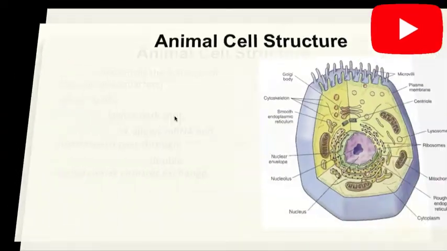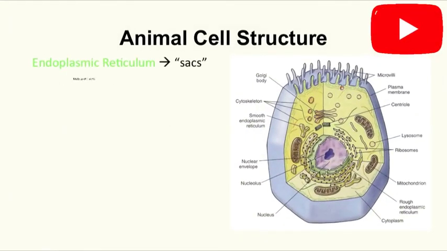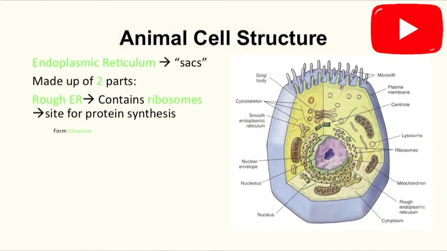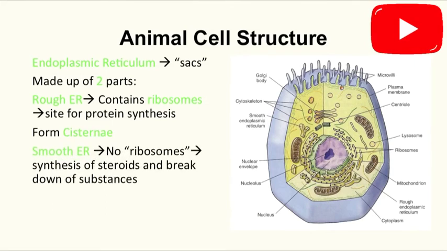Now let's move on to the second organelle, which is the endoplasmic reticulum, also known for short as ER. Now, what is the endoplasmic reticulum? On the diagram here, I've made it bigger, it's these foldy parts, as you can see. Here is the rough endoplasmic reticulum, and then there's the smooth endoplasmic reticulum.